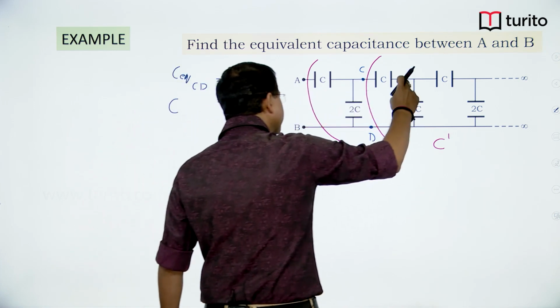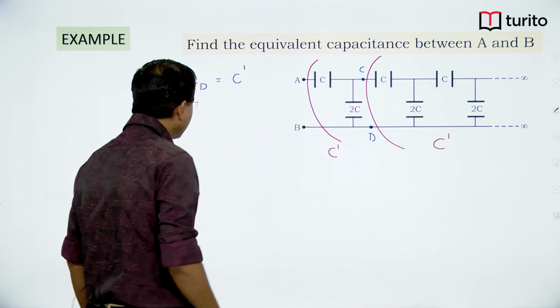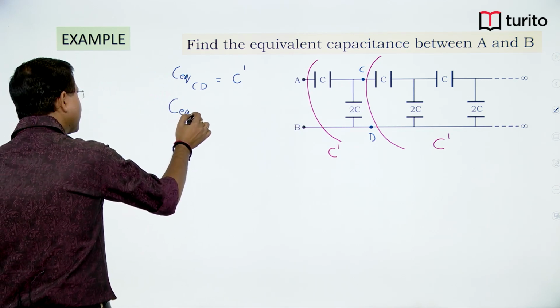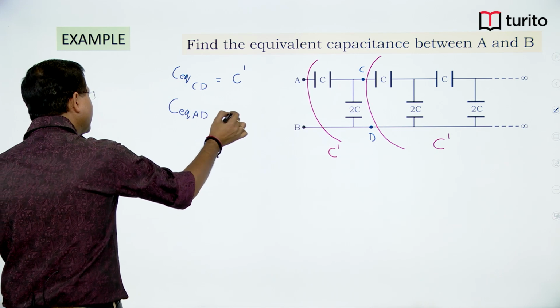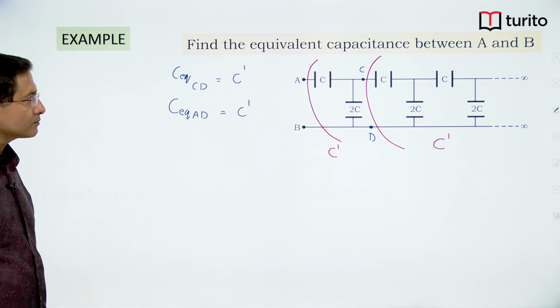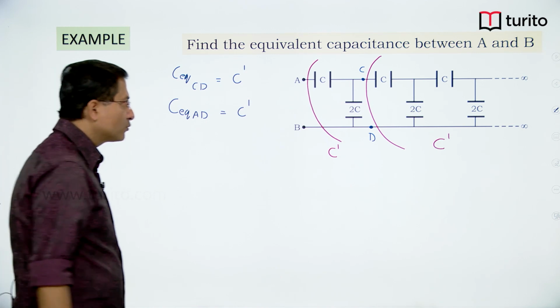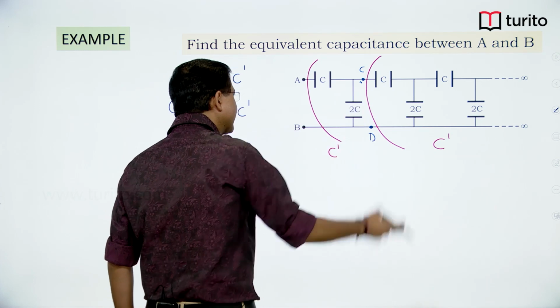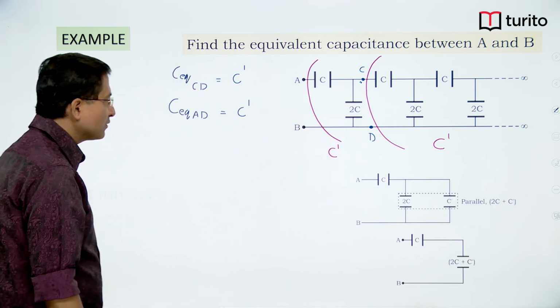So this unit keeps repeating. So if I just add one more unit to this, then C equivalent across AD will remain same, right. So up to here, if this is C dash, I can again draw the circuit this way.